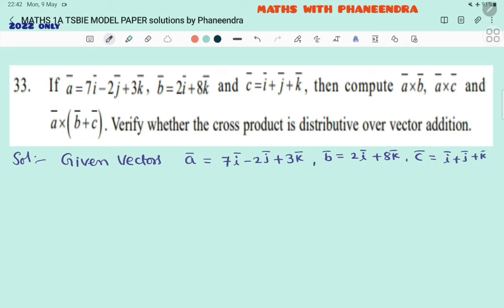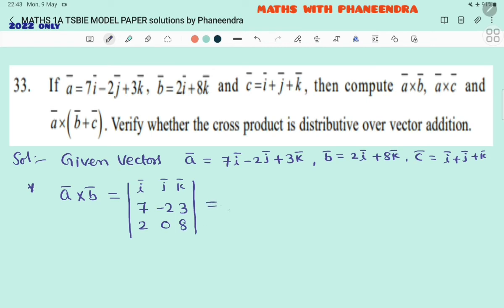The first one is A bar cross B bar. We know how to do the cross product. First row i bar, j bar, k bar. A bar vector 7, -2, 3. B bar vector 2, j is not there means 0, k is there 8.